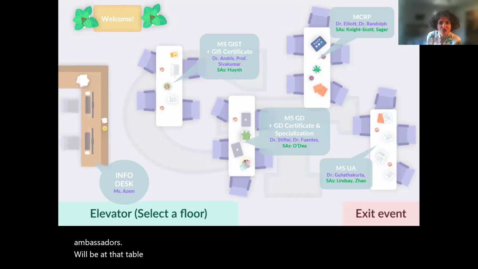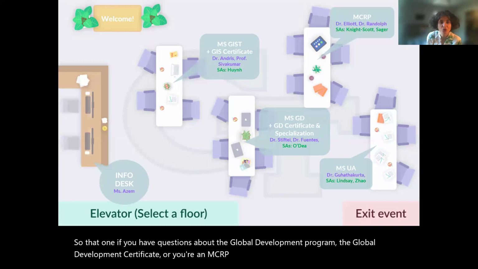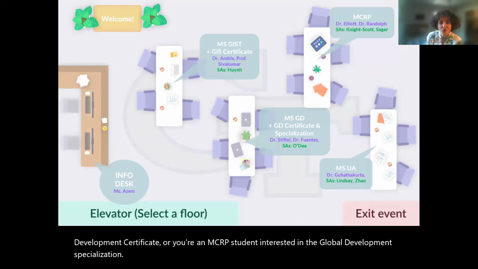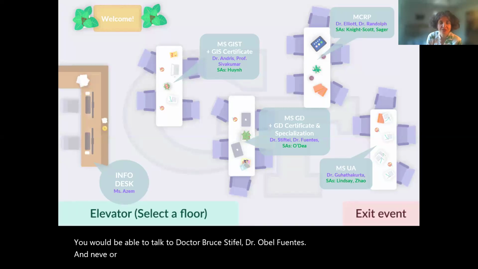The other table that you see there is the global development table. So if you have questions about the global development program, the global development certificate, or you're an MCRP student interested in the global development specialization, you would be able to talk to Dr. Bruce Tiftel, Dr. Alberto Fuentes, and Neve Odi, one of our student ambassadors.